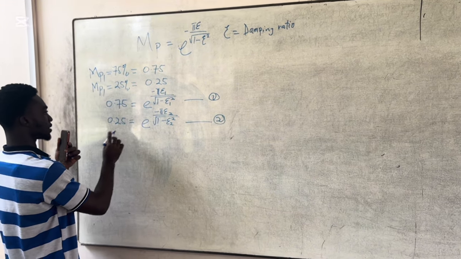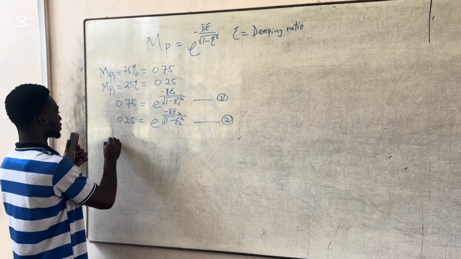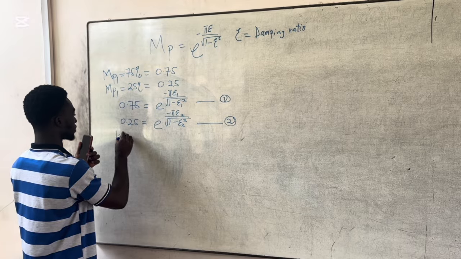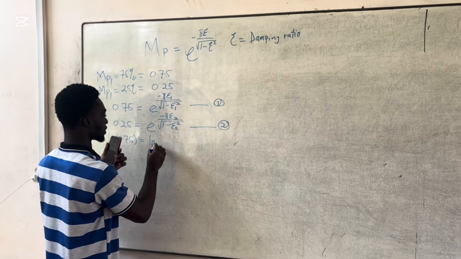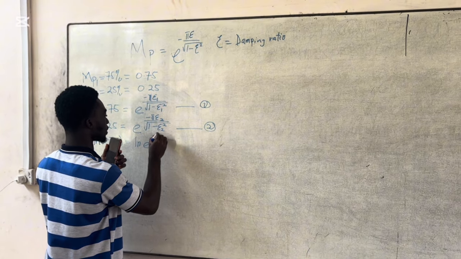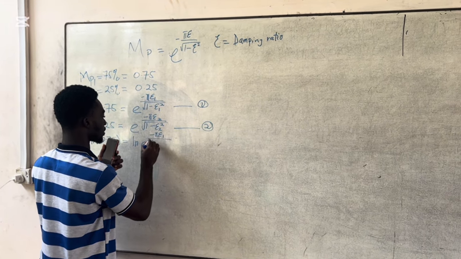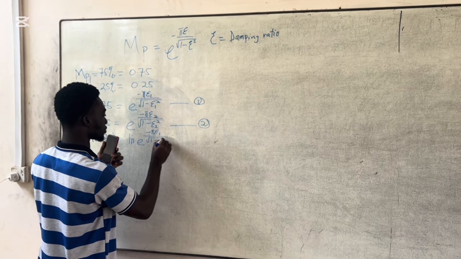So then we take natural log of both sides for both equations. So equation 1 becomes ln of 0.75 is equal to the ln of e to the power minus pi times the damping ratio over the square root of 1 minus the damping ratio squared.